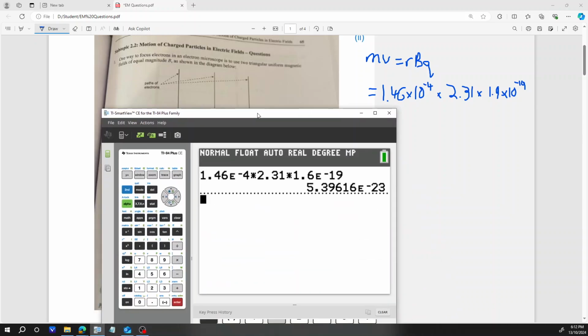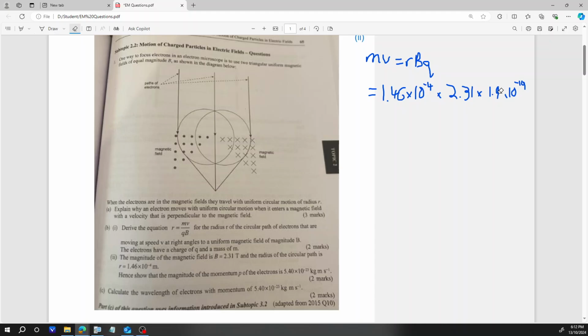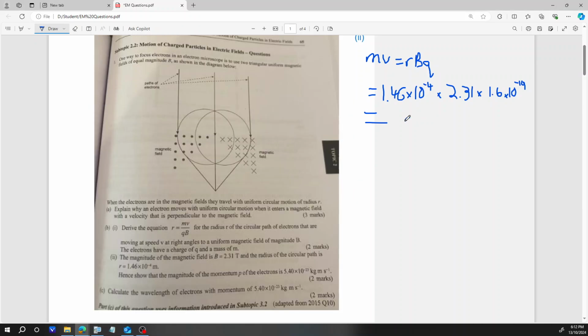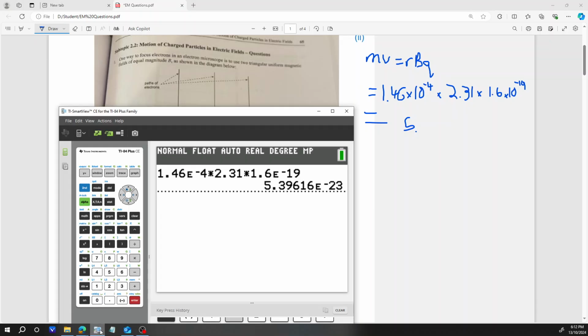Okay, yep, approximately right. I'll just fix that up. And what do I get? I'll keep it on the screen at the same time. Okay, yeah, it is correct.